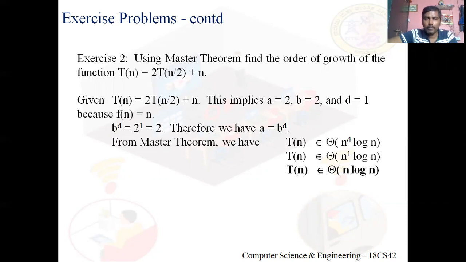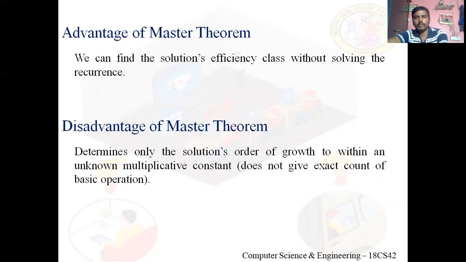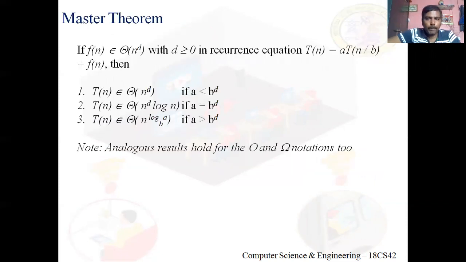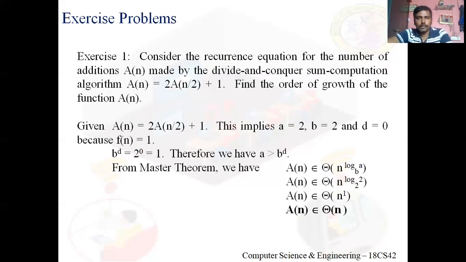If not, let me compare this T of n with it. The general recurrence for divide and conquer is T of n equals a T of n by b plus f of n.